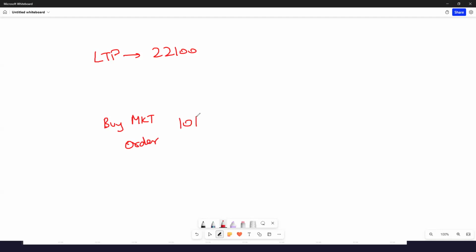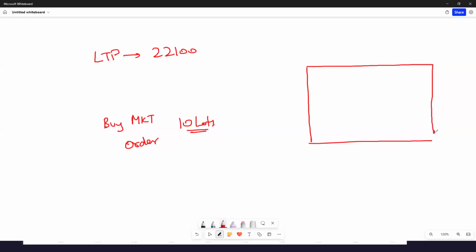So 10 lots is what I'm going to send. Let's say I'm having a bid and ask table. The bid is nothing but the buy limit orders, and the ask is nothing but the sell limit orders, right?